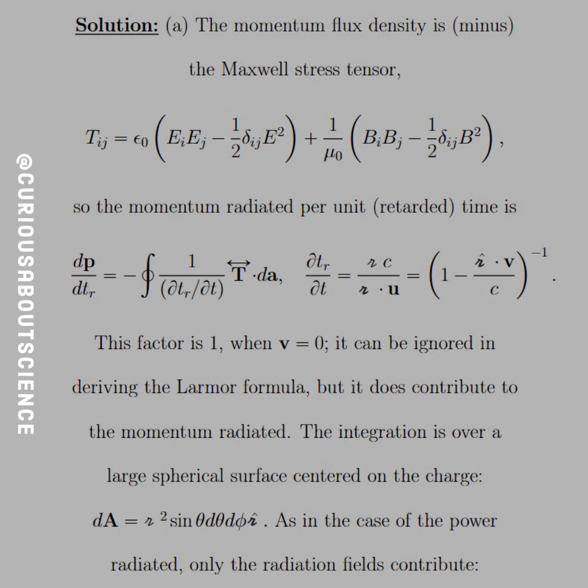Now, this integration is over a large spherical surface centered at the charge, where dA is equal to R squared sine theta d theta d phi in the r direction. Okay, our pretty typical coordinates there. As is the case for the power radiated, only the radiation fields contribute.